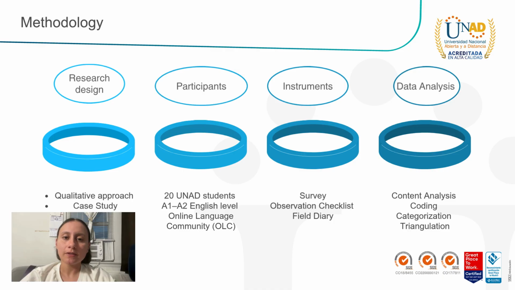The participants were 20 undergraduate students from the online language community of the Universidad UNAD, and three instruments were used: a survey, an observation checklist, and also a field diary. Each instrument provides different types of information.